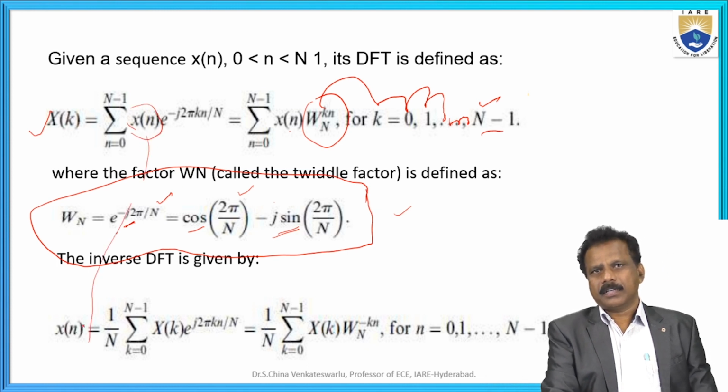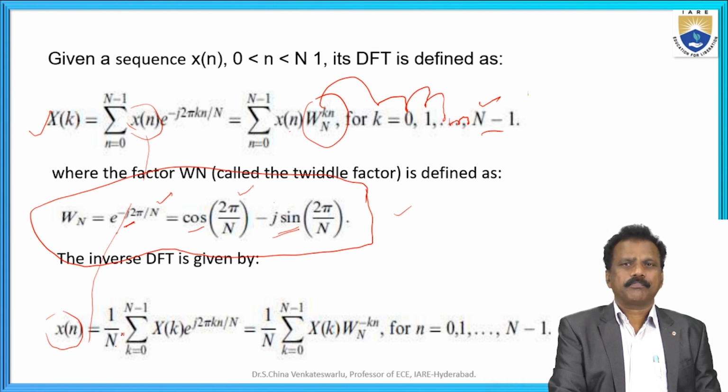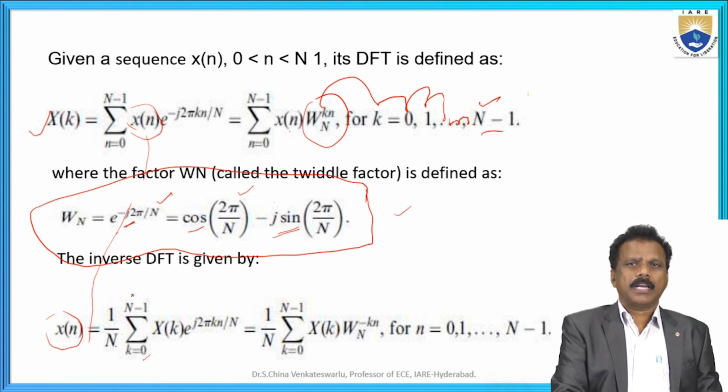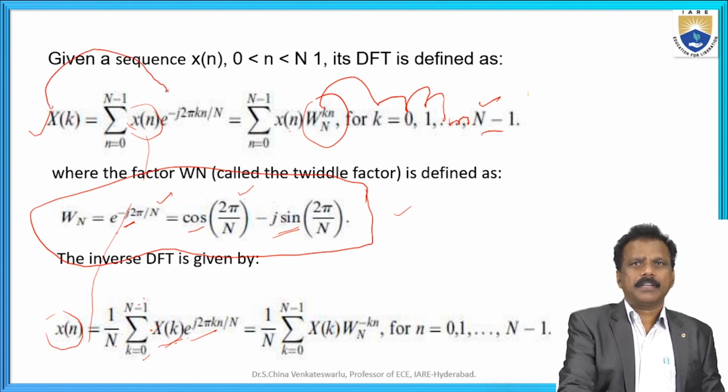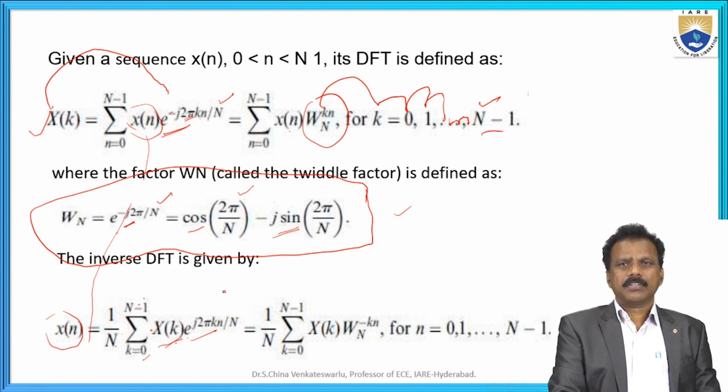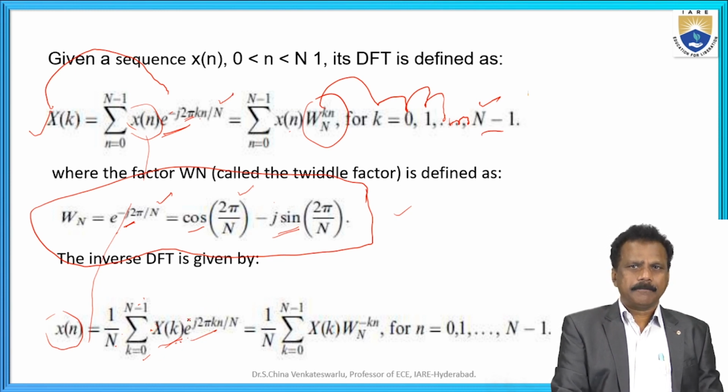That means x(n) is equal to 1/N times the summation k equals 0 to N minus 1 of X(k) times e^(j2π). For the DFT, the twiddle factor is e^(-j2πkn/N), but in this case it is the inverse now: X(k) times e^(j...), previously it was minus j, here it is plus, e^(j2πkn/N).